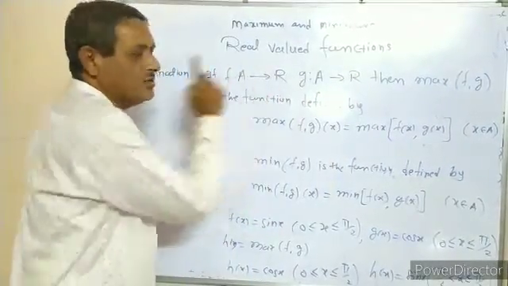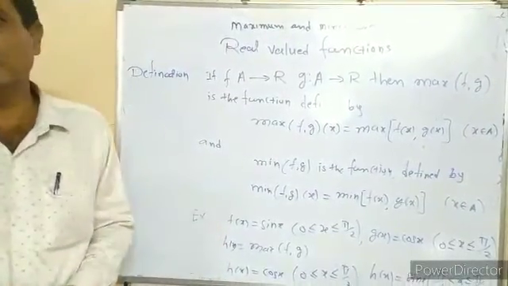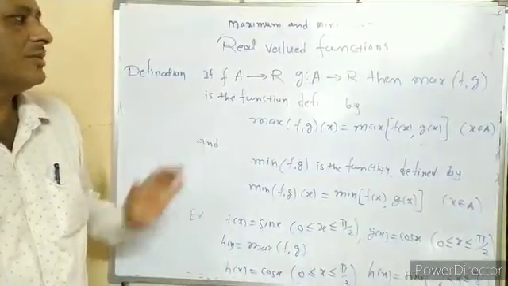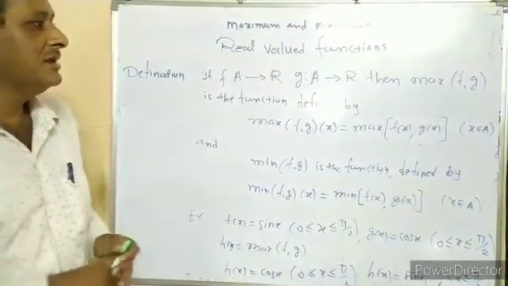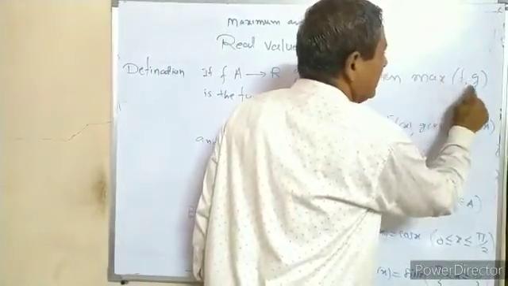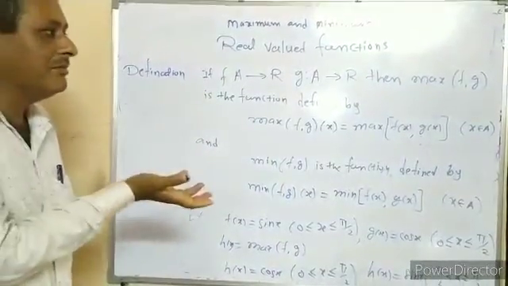Now f and g are two functions where the domain is A, the same for both functions, and the codomain, the real numbers, is also the same. Then we can define this new function, max(f, g).